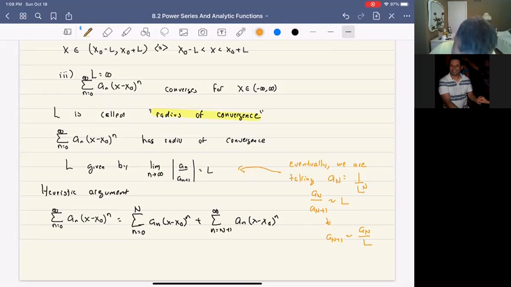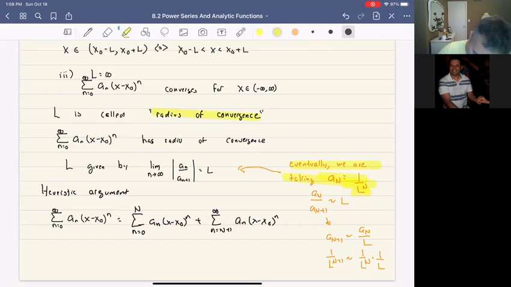So 1 over L to the n plus 1 is basically 1 over L to the n times 1 over L. And that's true, right? So this is the basic idea. It's not exactly that, but it's close enough for the sort of work we want to do.